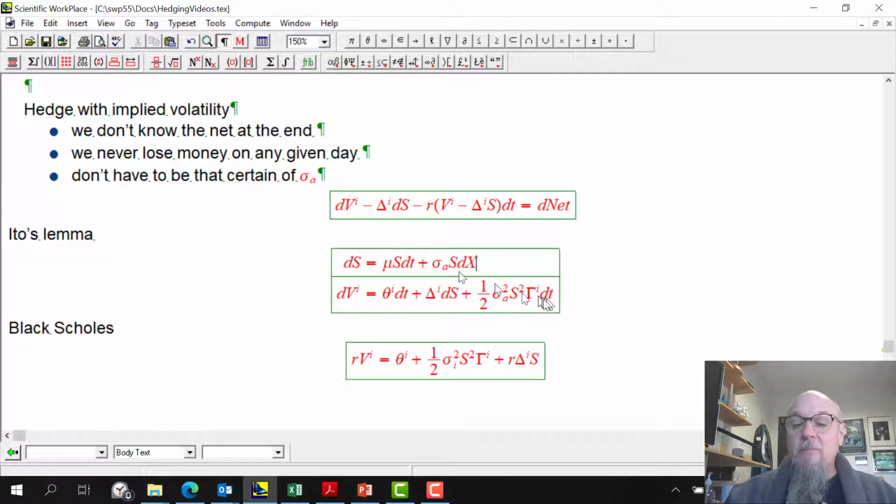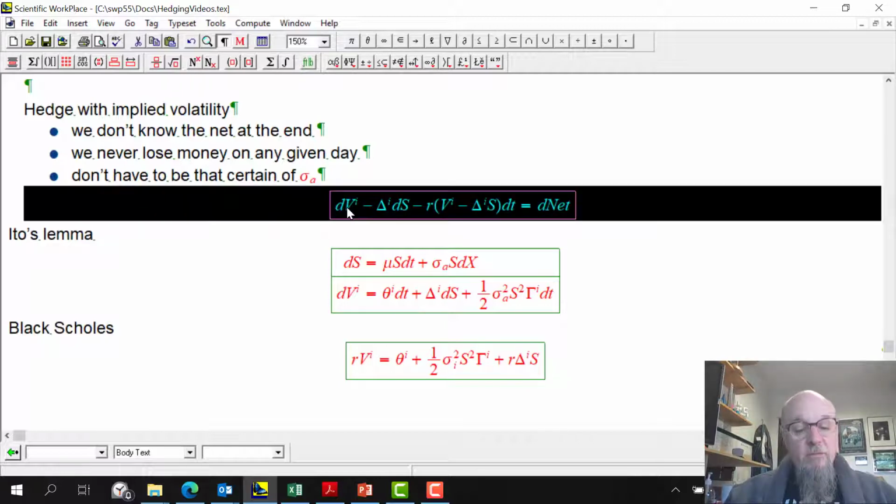That's why dS squared is sigma actual squared, because it's the movement of the stock, times S squared dt. That gives me this Ito's lemma expansion of dV, which I'm going to substitute in here. We've also got our Black-Scholes equation, which is true if I use the same volatility, and I'm using implied volatility throughout the whole Black-Scholes expression.